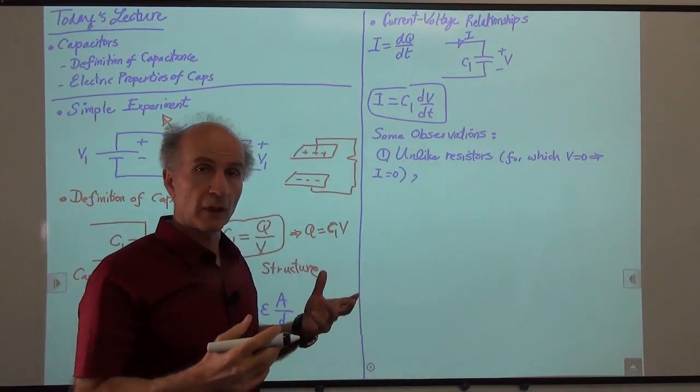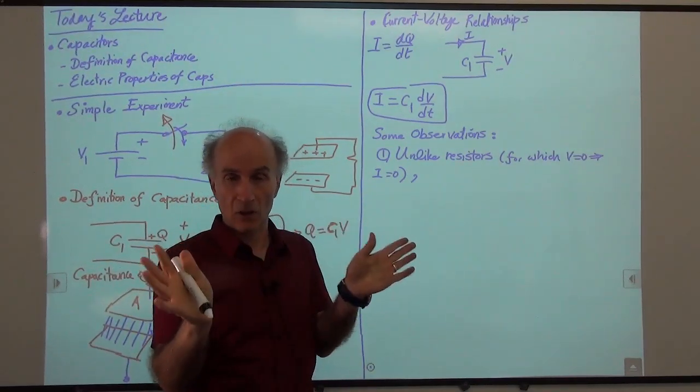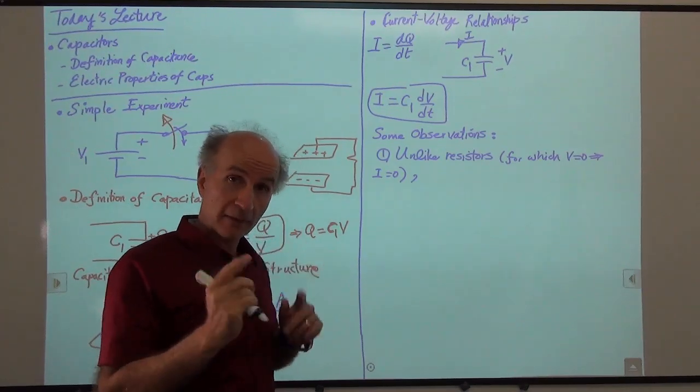Remember, right, from Ohm's law, we know that if V is 0, I has to be 0 and vice versa. That's not negotiable. For capacitors, that's not true.